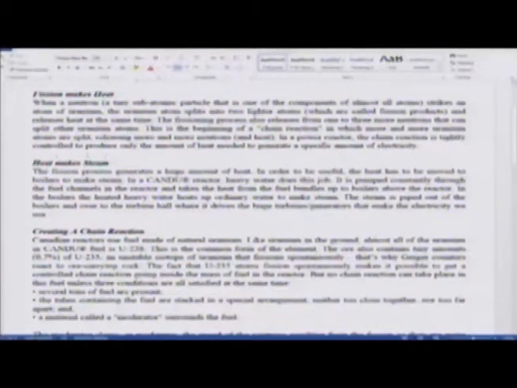Then the next is, heat is produced here because of this process of fission. Then that heat is used to make steam. The fission process generates a huge amount of heat. In order to be useful, the heat has to be moved to boilers to make steam. In a CANDU reactor, heavy water does this job.